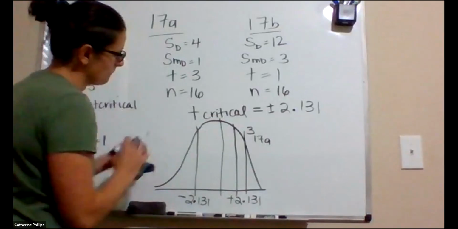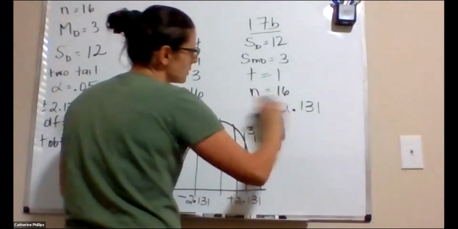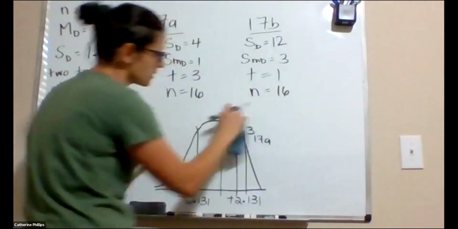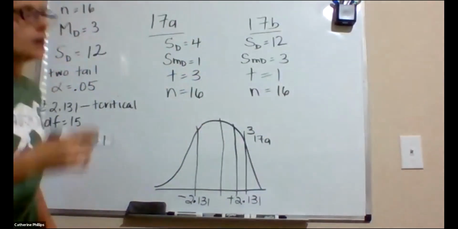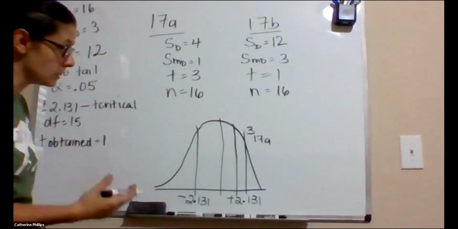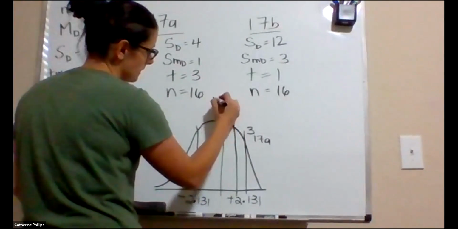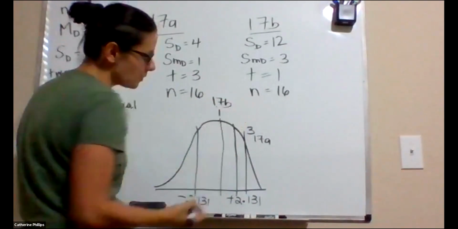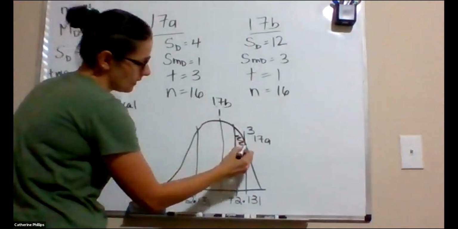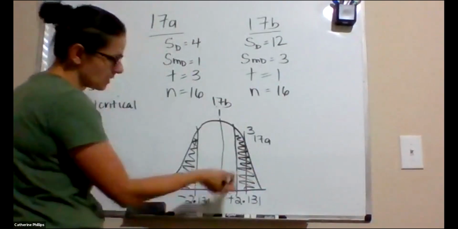When the standard deviation of the difference scores increased, our estimated standard error increased, our t decreased, and for 17B, our t was 1. So it went from being in this critical region, one of the critical regions, to not.